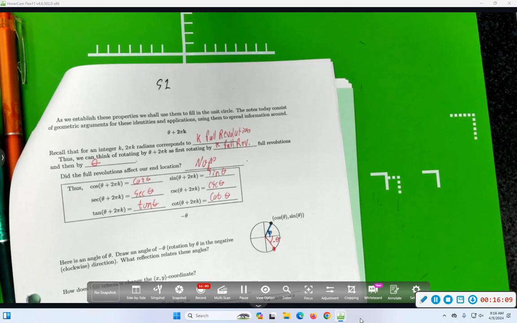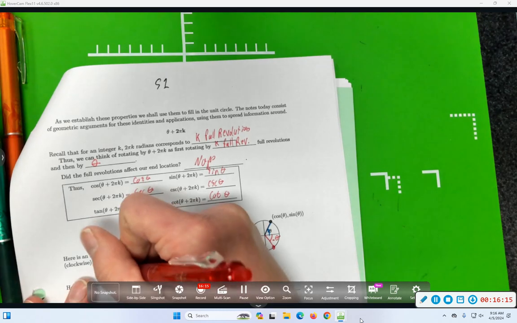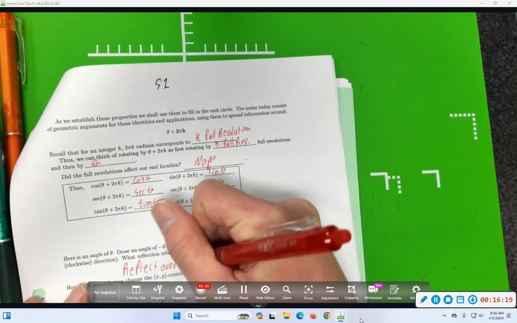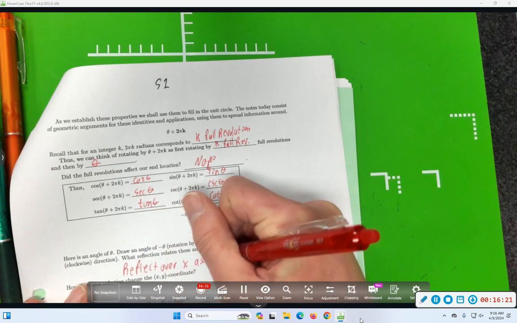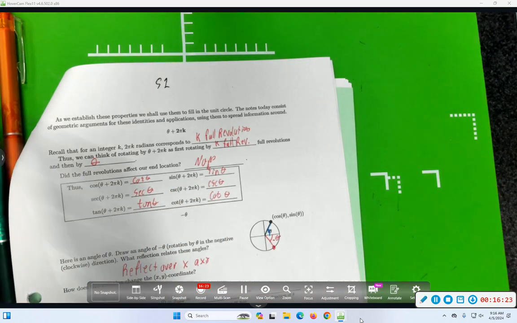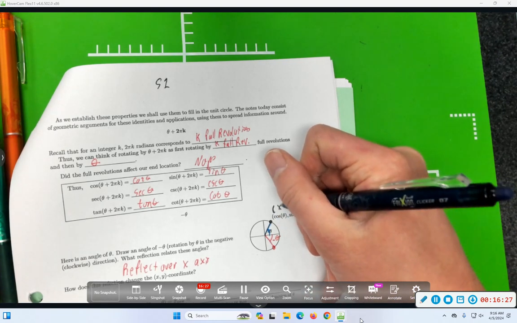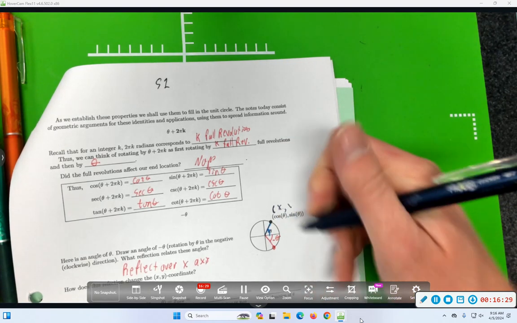What symmetry relates them? Reflection over the x-axis. All right. And let's see. So what am I going to do? I'm going to think about where this sends x, y coordinates.